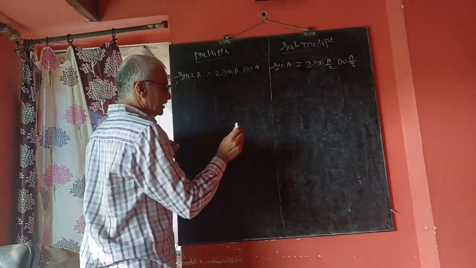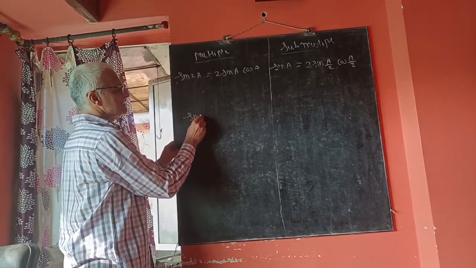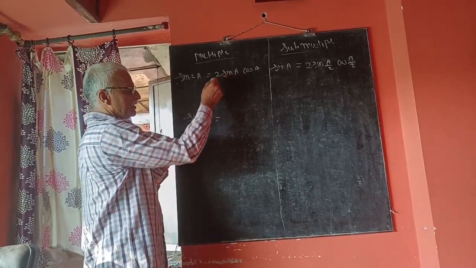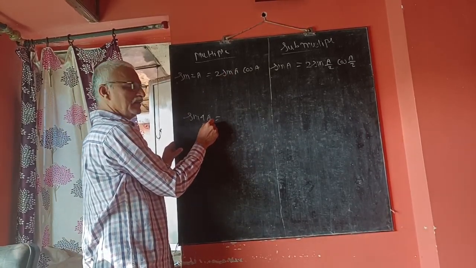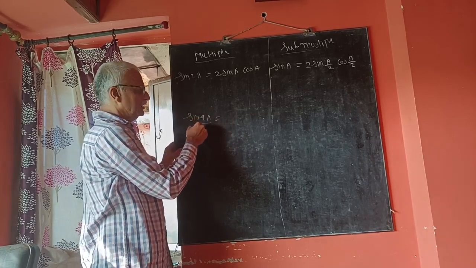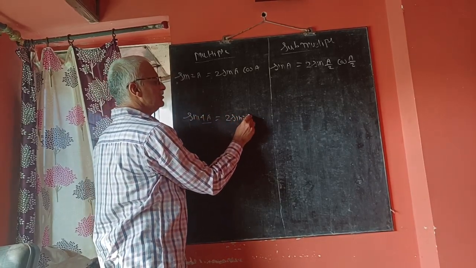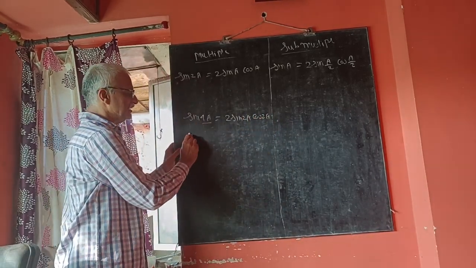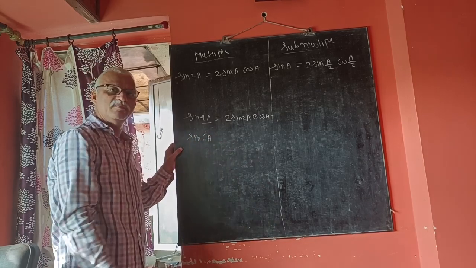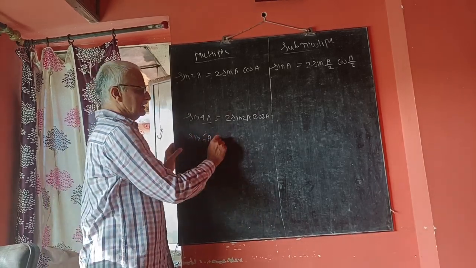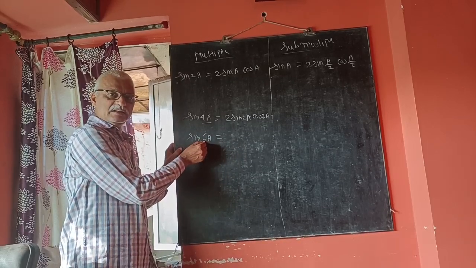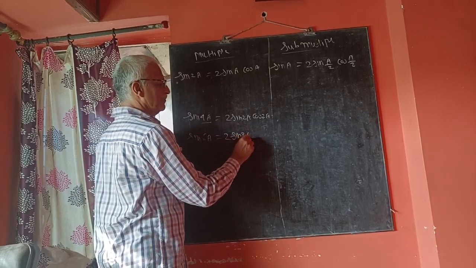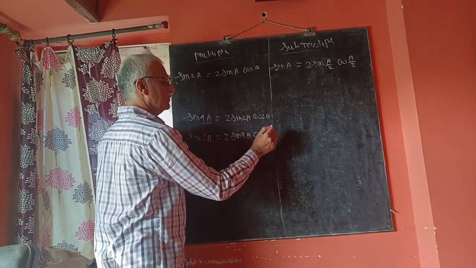Suppose you have to write sine 4A. Then according to this, 4A divided by 2 means this will be 2 sine 2A into cos 2A. Suppose there is sine 6A, then the total angle is 6. Half of 6 is 3A, so 2 sine 3A into cos 3A.